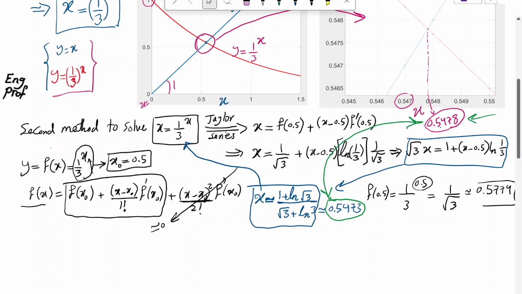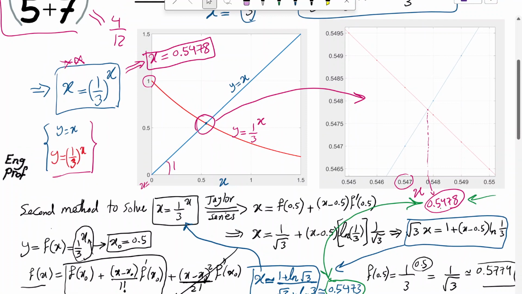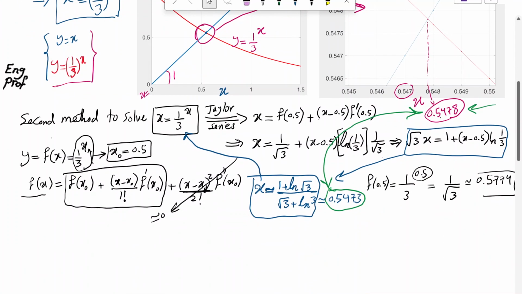I just wanted to highlight that it's not as if we are forced to always do the plotting to find the answer, though plotting is always a suggested way, because it also helps us double check whether the answer is unique by examining the properties of the curves. For example, in this case, monotonically increasing and decreasing is helpful. But I just showed you that using Taylor series approximation, we can also algebraically solve and find the solution of this tetration.